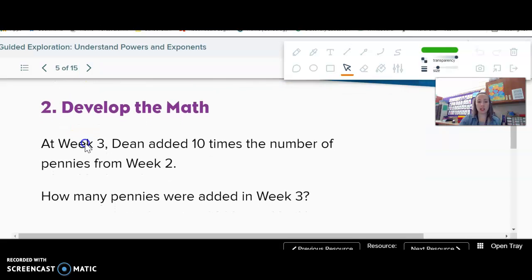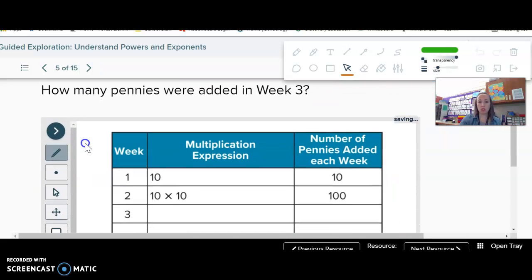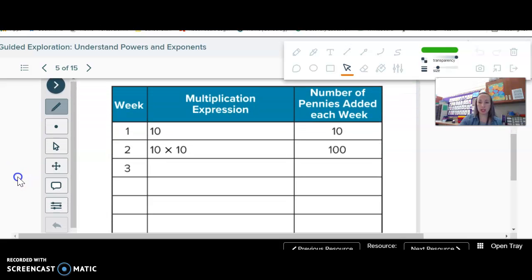So in week 3, he added 10 times the number from week 2. So we could take 100 times 10. I am going to do it the long way just to make a point, to start to see a pattern. So 10 times 10, which was last week, 10 times more than that, which is 1,000.